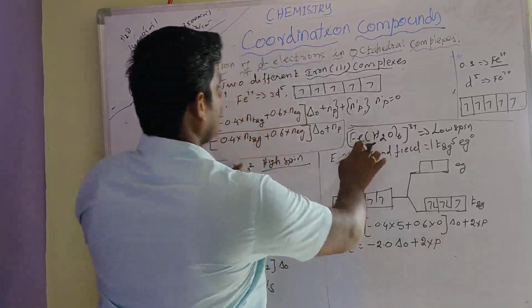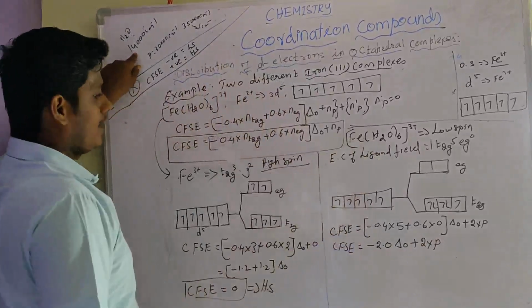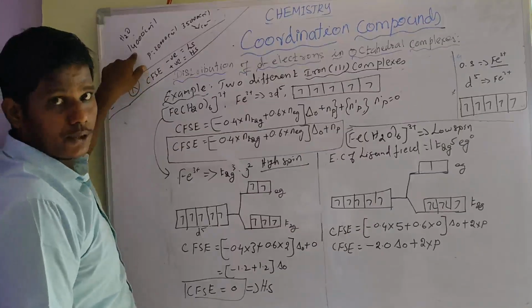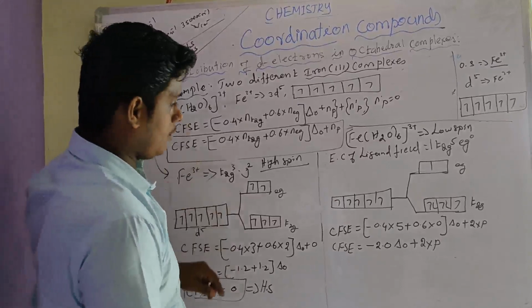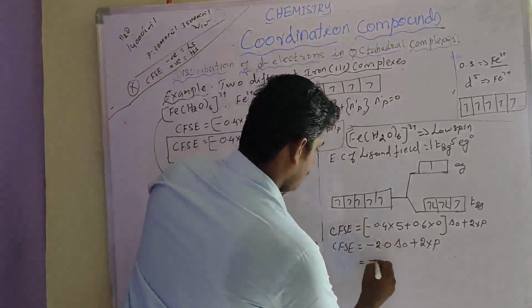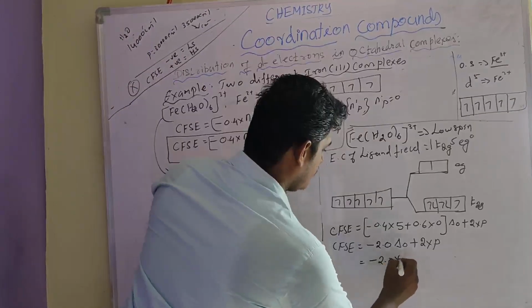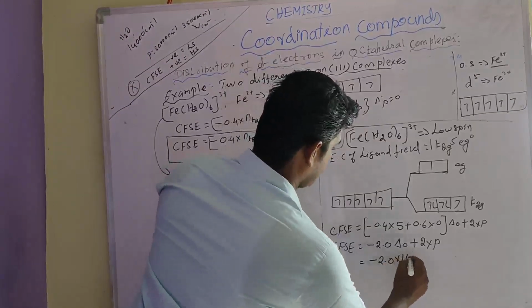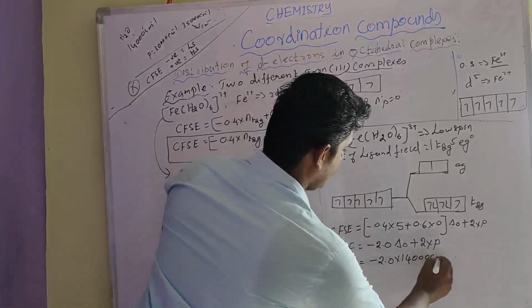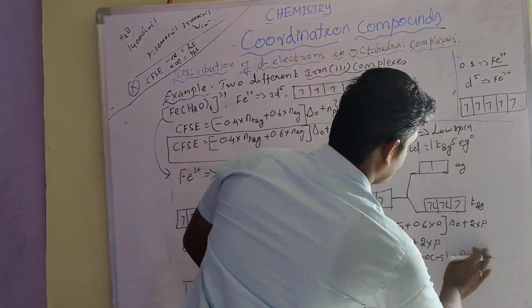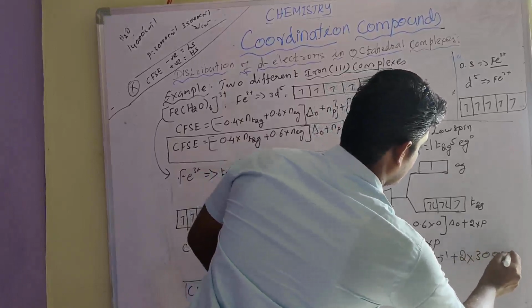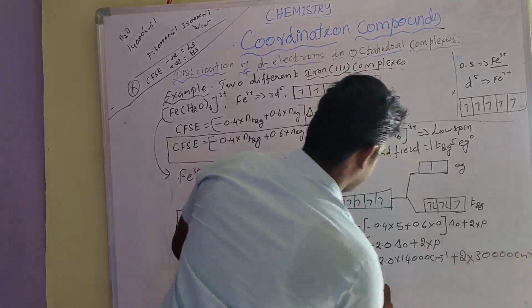For the Fe(H2O)6 complex, the delta naught value is given as 14,000 cm inverse, and the pairing energy is 30,000. Applying it: minus 2.0 times 14,000 cm inverse plus 2 times 30,000 cm inverse.